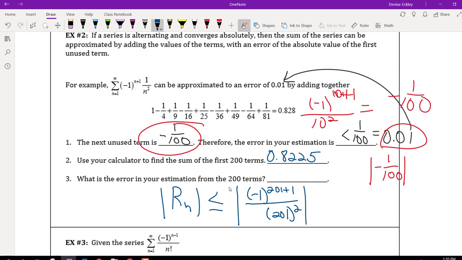And when we do that, we get a value of 0.000248. So that's pretty accurate using just the first 200 terms.